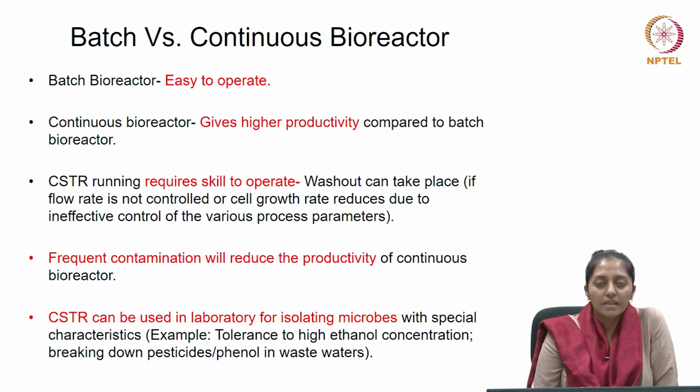Washout can take place if the flow rate is not controlled well or the cell growth rate reduces due to ineffective control of the various process parameters. This means that it needs continuous monitoring, which requires skilled personnel. Frequent contaminations can reduce the productivity of a continuous reactor. That is also a limitation because these are long drawn fermentation processes.